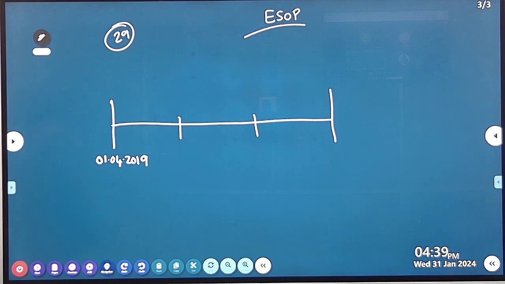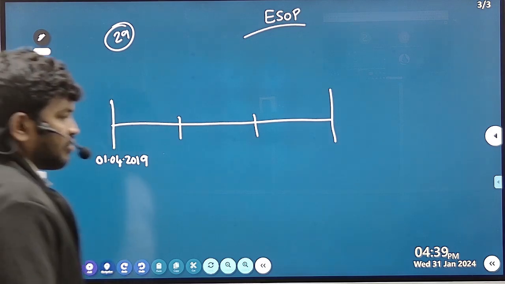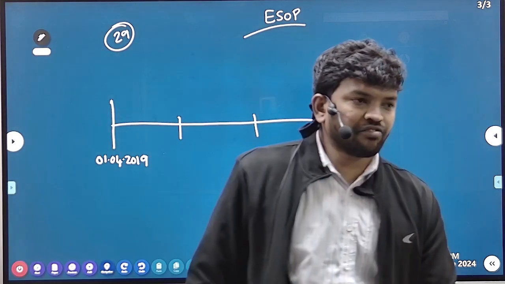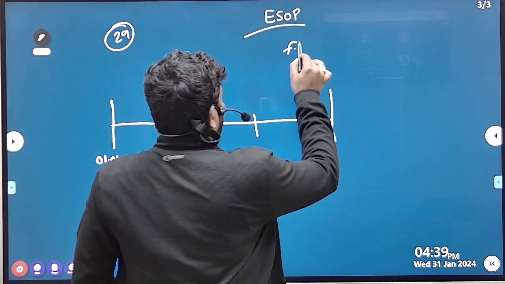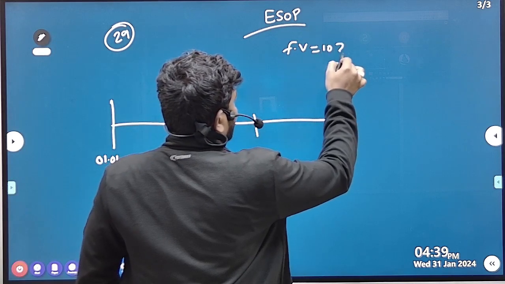That is not 100 actually, make it 150. That is a printing mistake, make it 150. This is not 100, 150. Printing mistake, 150. Okay. So face value how much? 10 rupees.